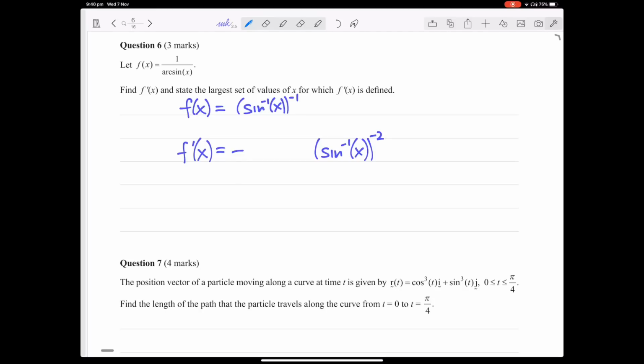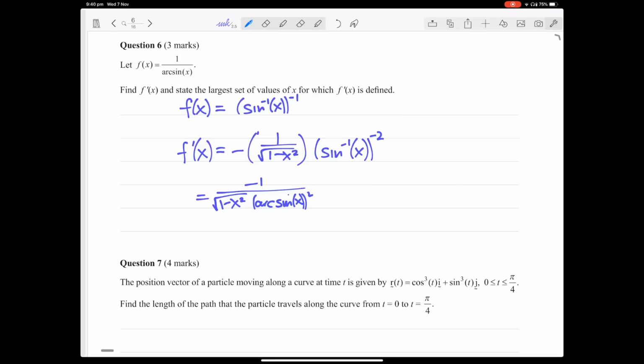When we derive sine inverse, we get 1 on square root 1 minus x squared. Okay, so we would get negative 1 on root 1 minus x squared, arc sine, we'll say, arc sine of x squared.